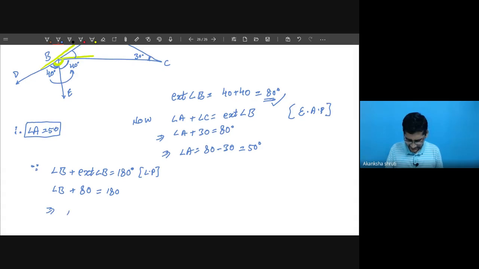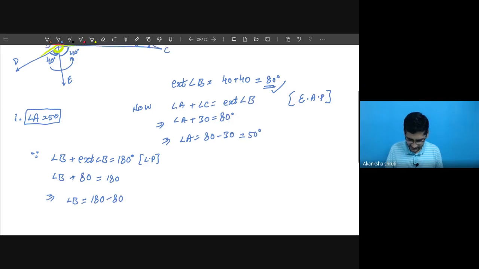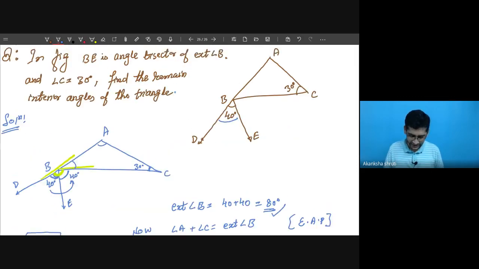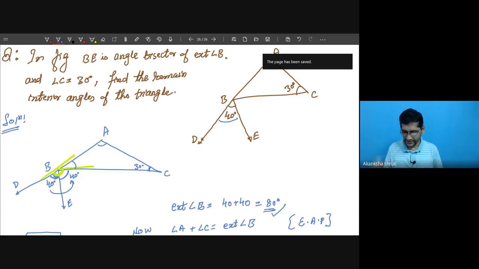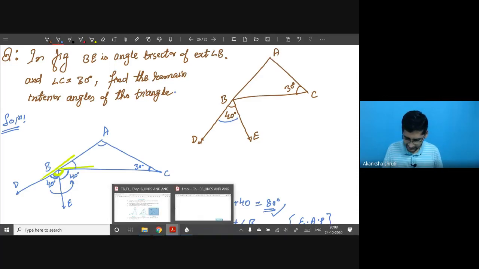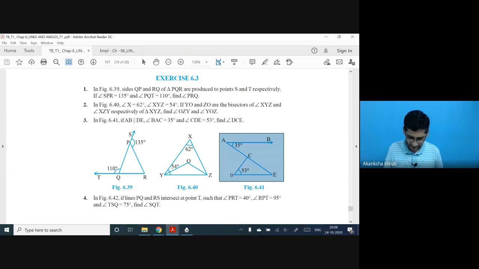So this implies angle B is equal to 180 minus 80. This way we will get angle B as 100 degree. So this way it is calculated. So students, questions are very easy. Based on this, you have to solve our textbook question. And if you have doubt, then we will do it.